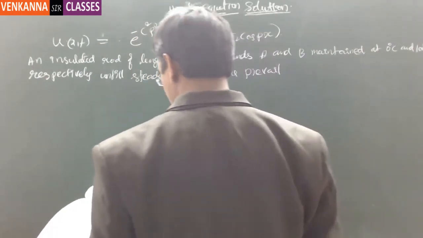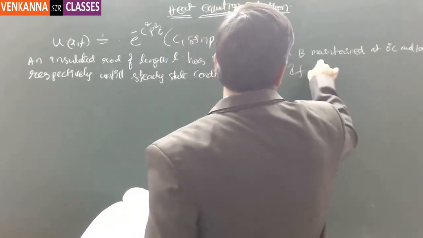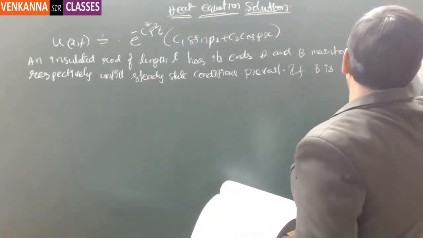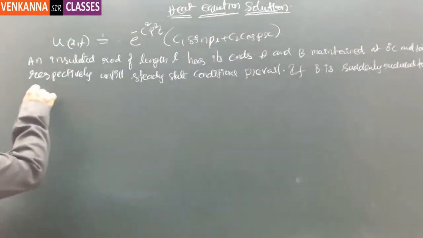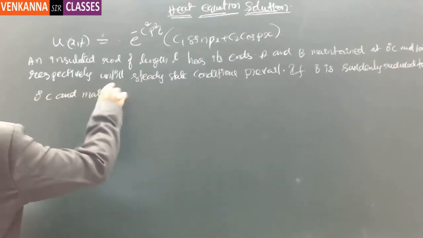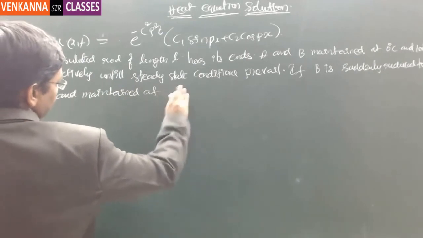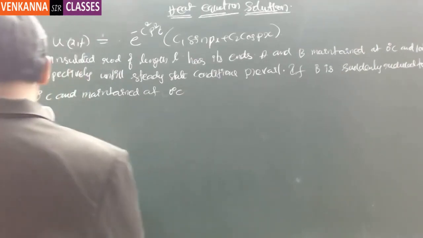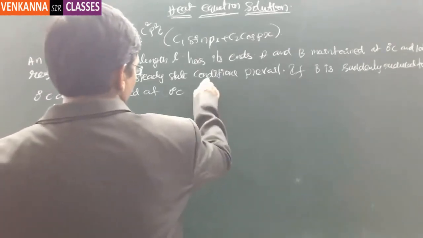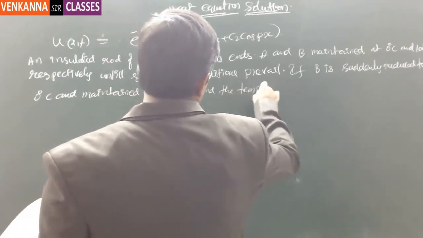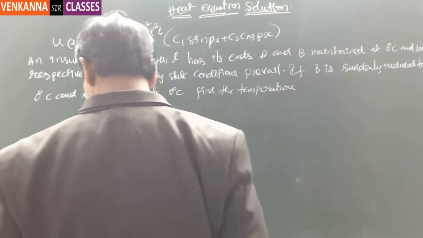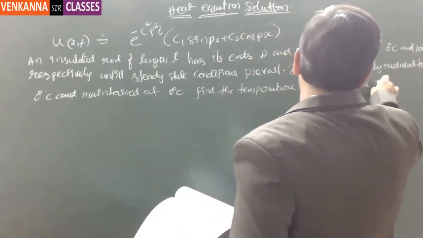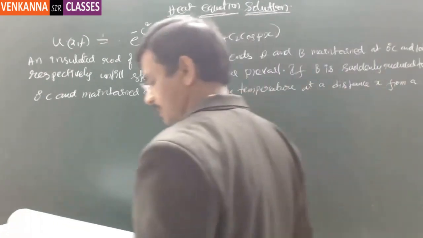If B is suddenly reduced from 100 degree centigrade to 0 degree centigrade and maintained at 0 degree centigrade, find the temperature at a distance x from A at time t.